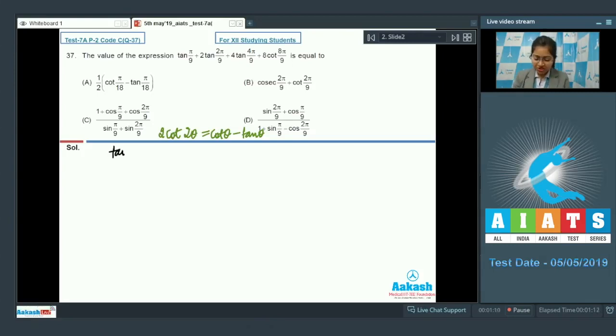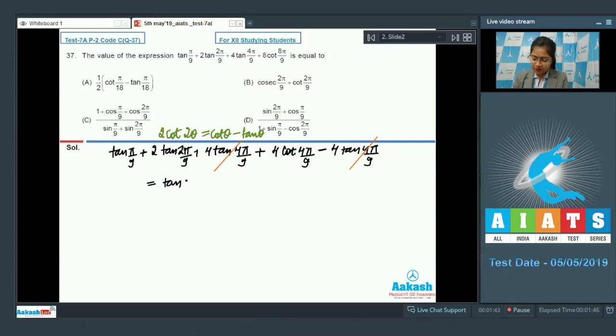Now, the expression tan pi by 9 plus 2 times tan 2 pi by 9 plus 4 times tan 4 pi by 9 plus 8 cot 8 pi by 9 can be written as 4 times cot 4 pi by 9 minus 4 times tan 4 pi by 9. So here it can be observed that these two terms will get directly cancelled.